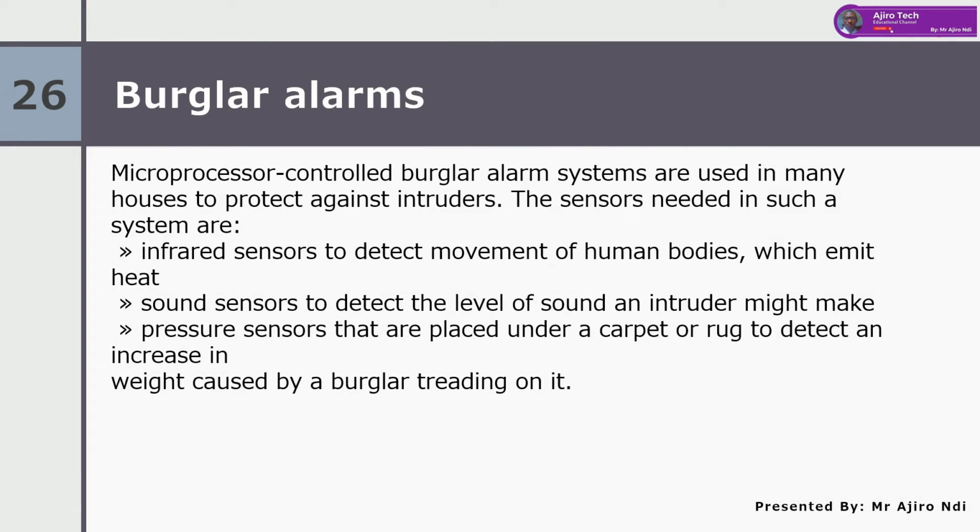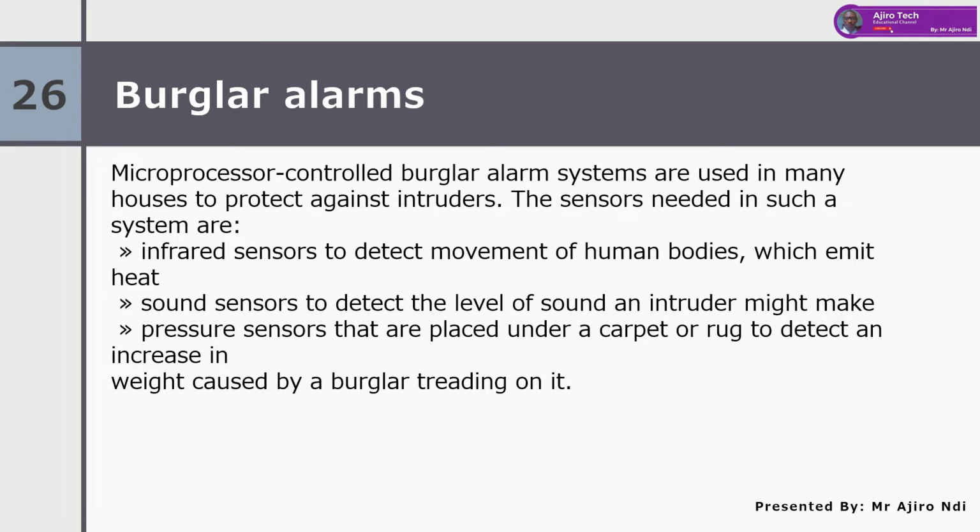So burglar alarms, microcontrolled burglar alarm systems are used in many houses to protect against intruders. The sensors needed in such systems are: one, the infrared sensors to detect movement of human bodies which emit heat.